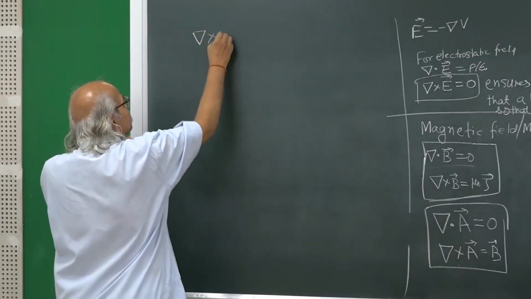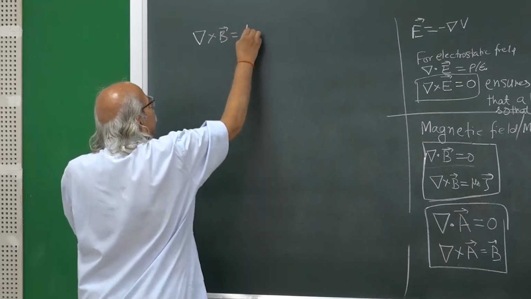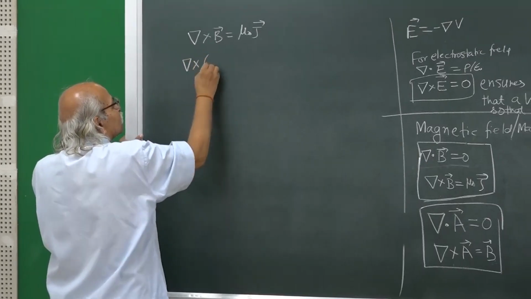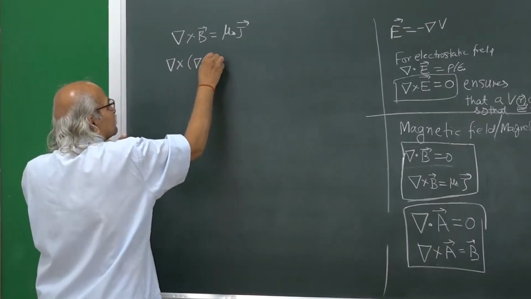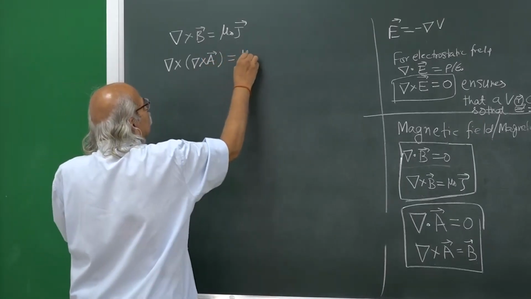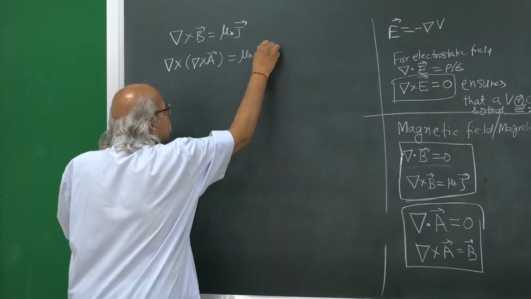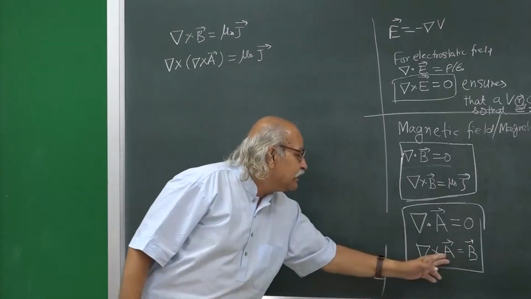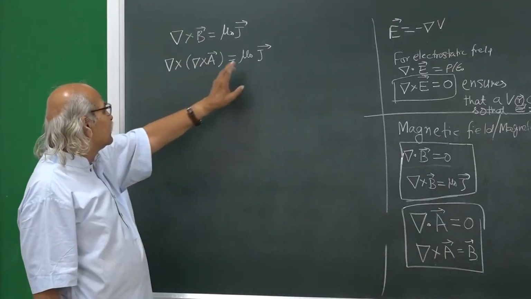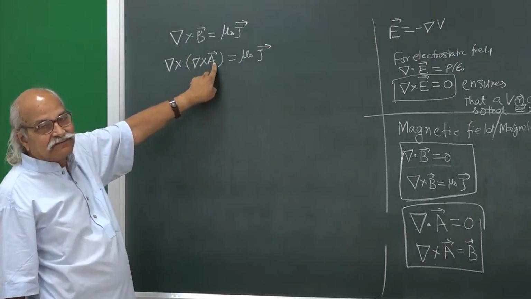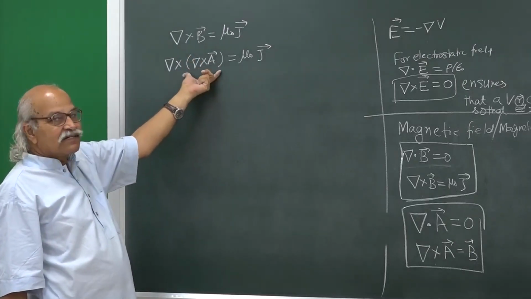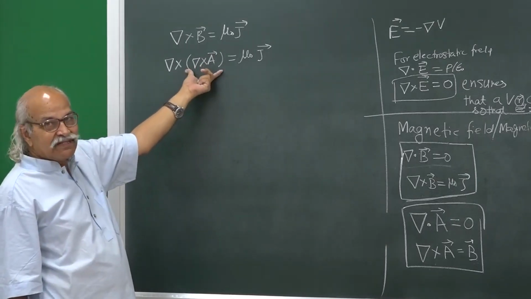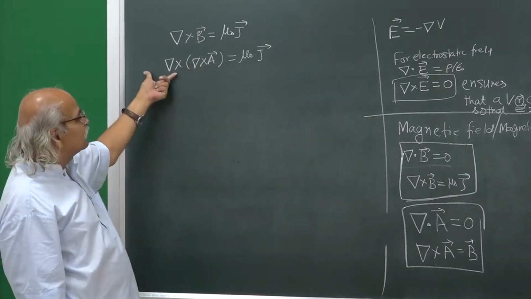Curl of B is mu naught times J, and that means curl of curl of A is equal to mu naught times J. B is curl of A, so I am writing this B as curl of A. Now, curl of a vector: first you take a curl, you get a vector function. This A itself is a vector function, and then you take curl, you again get a vector function, and for that vector function you again do this curl operation.